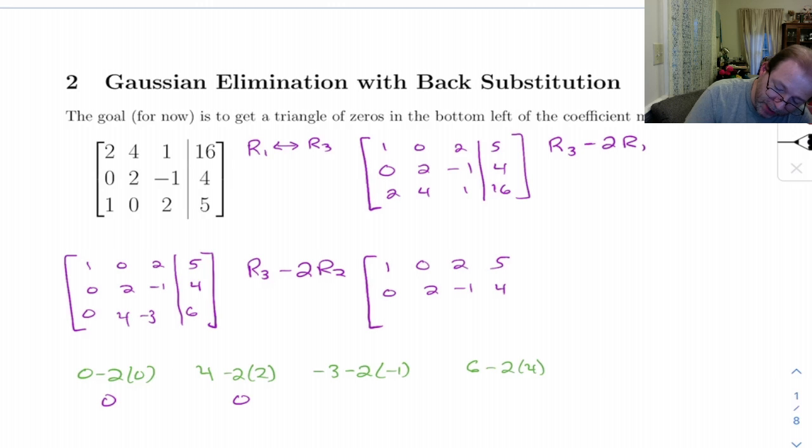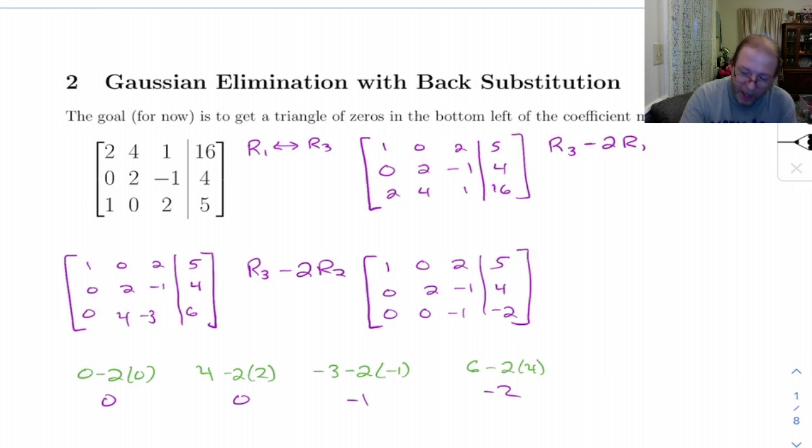That's negative 3 plus 2 is negative 1. And this is 6 minus 8 is negative 2. All right, and now we're good to go because we've got our triangle of zeros here.